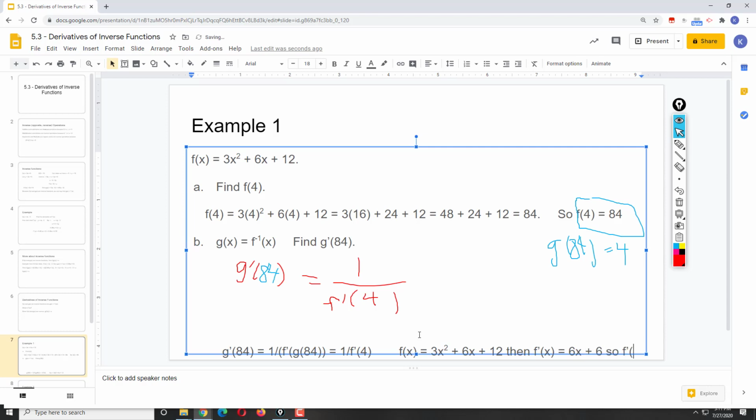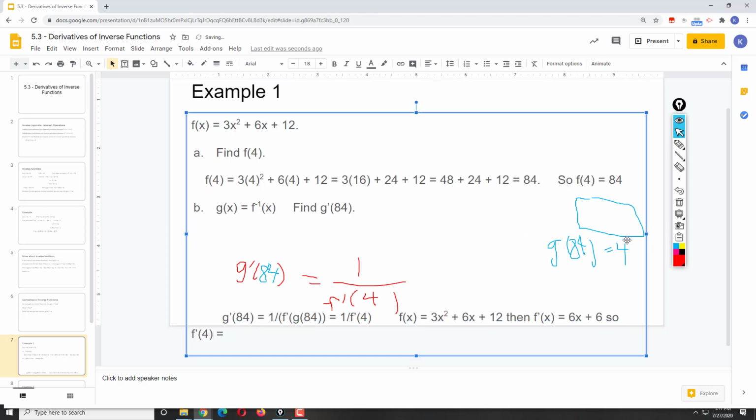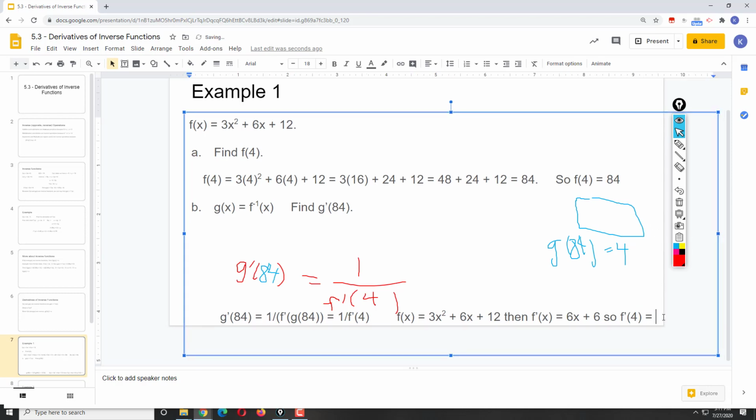So f prime of 4 has to equal 6 times 4, which is 24, plus 6, 30. In other words, f prime of 4 equals 30. So I can replace f prime of 4 with 30.